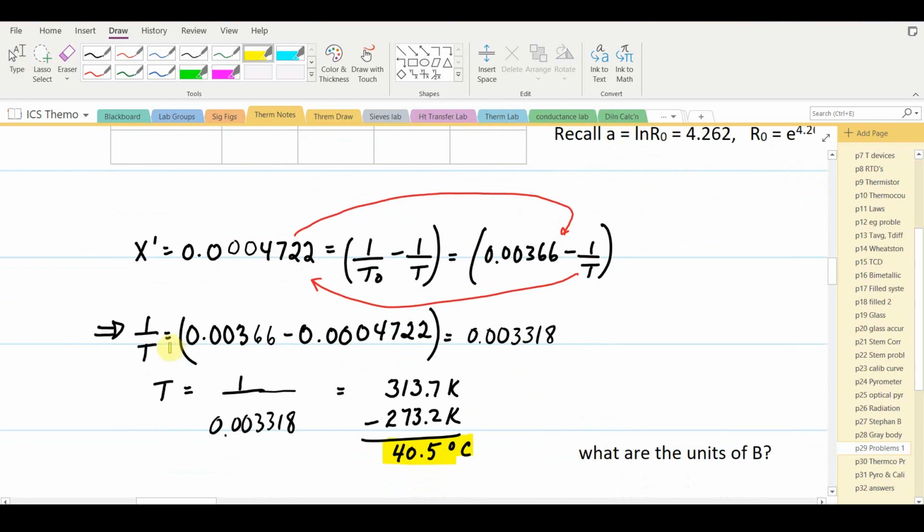I'll have 1 over T equal to 0.00366 minus 0.04722, which is 0.03318. So T will be the inverse of that, which turns out to be 313.7 Kelvin. I want the Celsius temperature, so subtract 273.2, and it's 40.5 degrees Celsius.